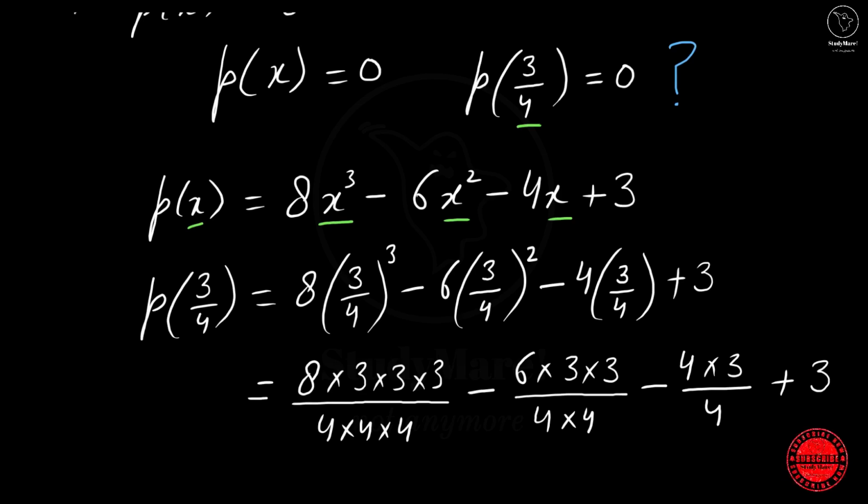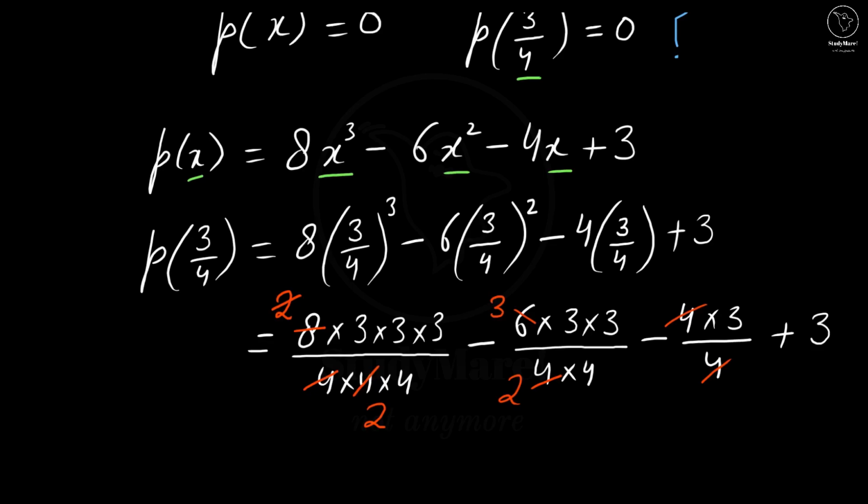Now looking at these terms, you can see 4 cancels out 8 here, as 4 2s are 8, and 2 cancels out 4 here, as 2 2s are 4. No more simplifications in this term. Next one, we have 2 3s are 6 and 2 2s are 4. Again, no further simplification. In the next term, we have 4 and 4, which cancel out straight away. And last we have plus 3.